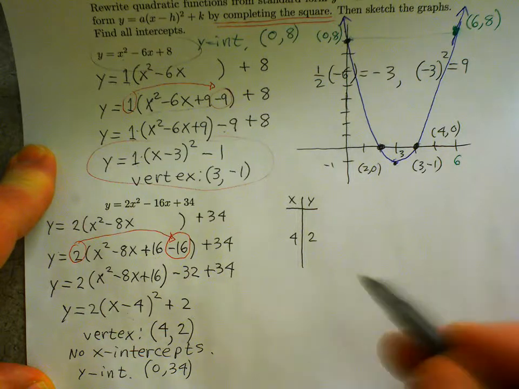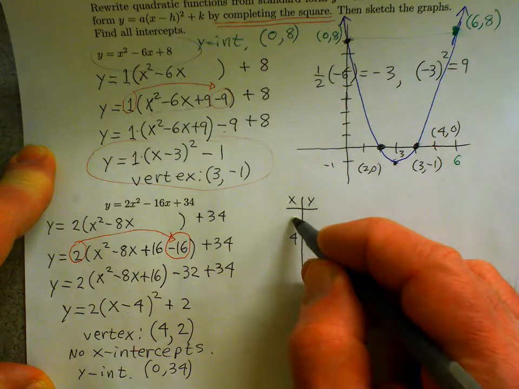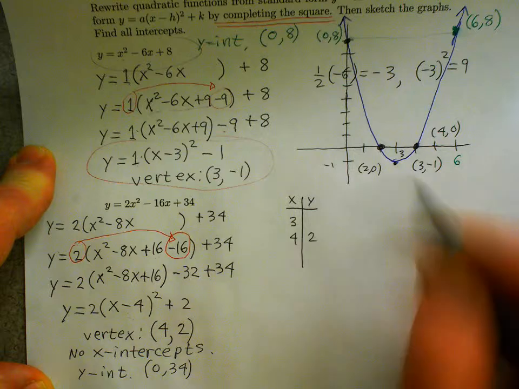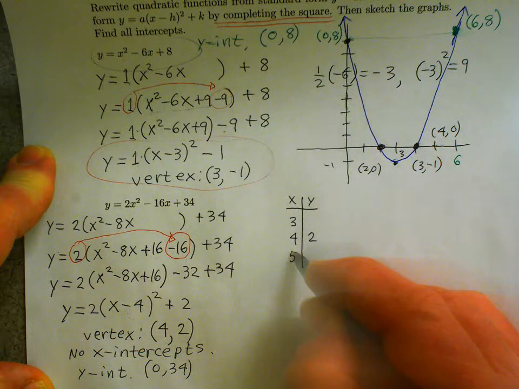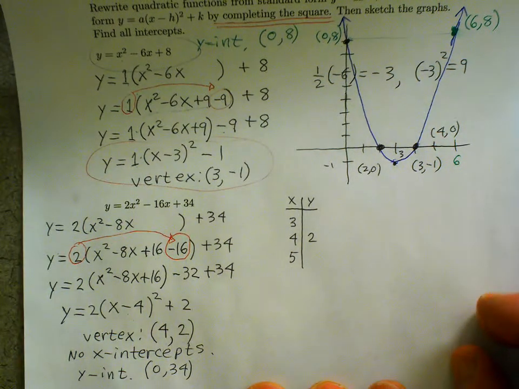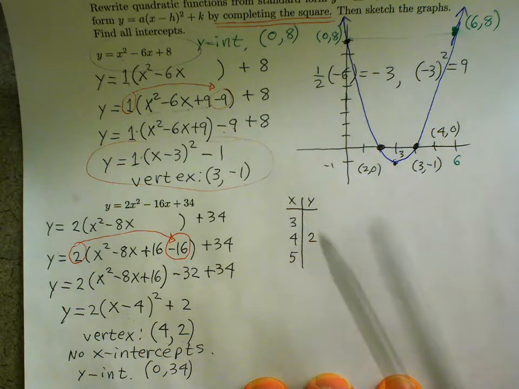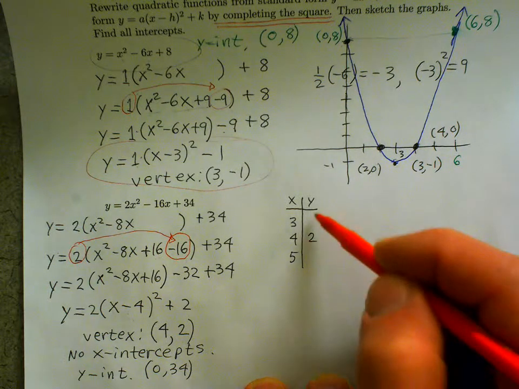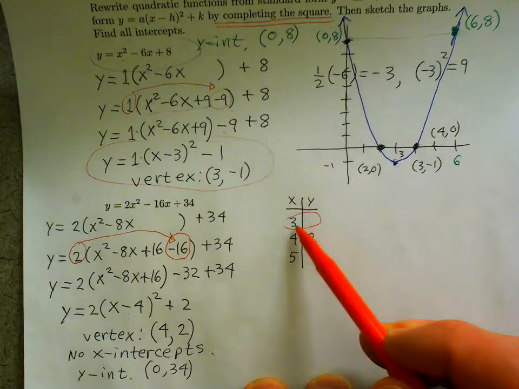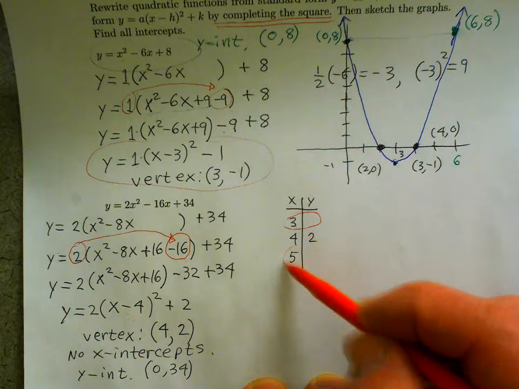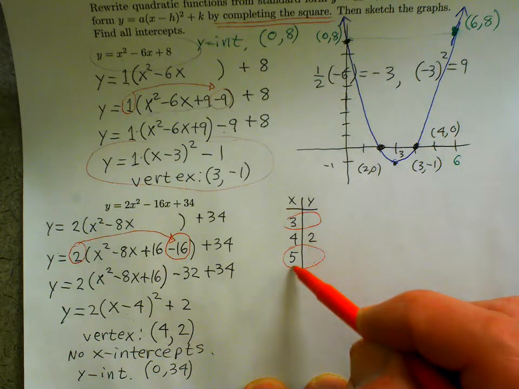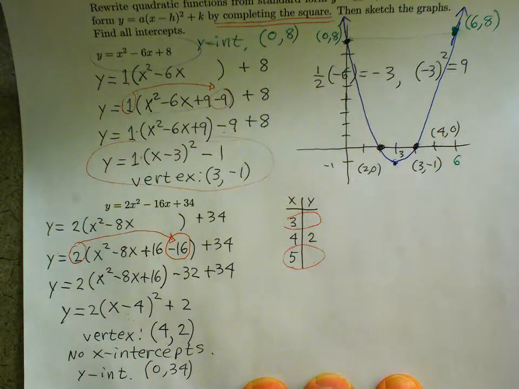So a couple of other points that will be fairly easy to work with if we pick x to be 3 and then pick x to be 5. So since the ordered pair 4, 2 is the vertex, is there anything we can say about the y-coordinate that goes with x equals 3 compared with the y-coordinate that goes with x equals 5? They have to be the same y-coordinate because of symmetry.